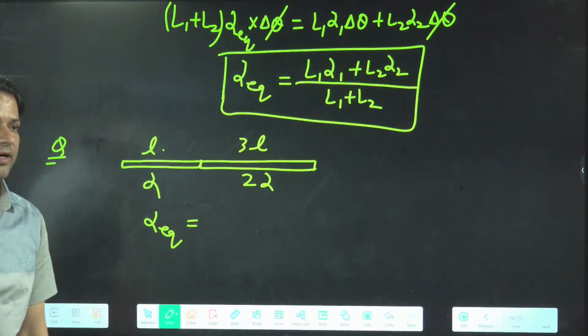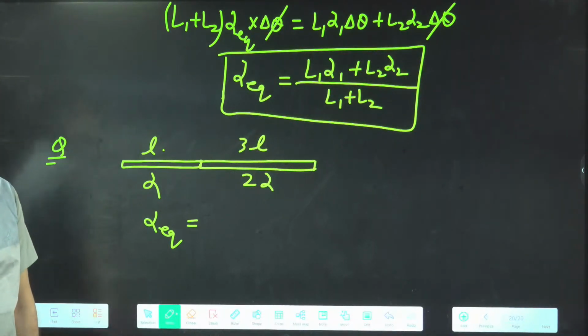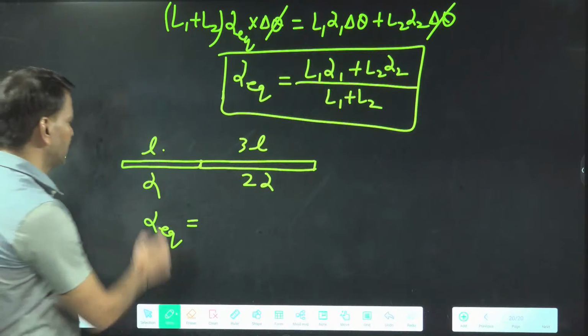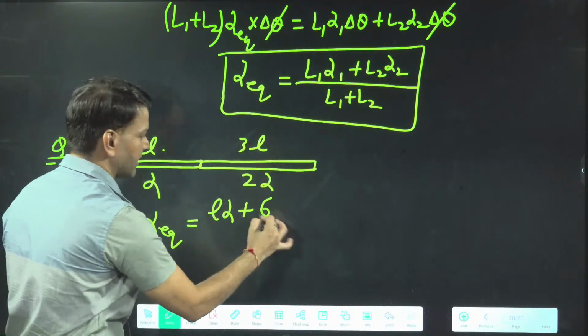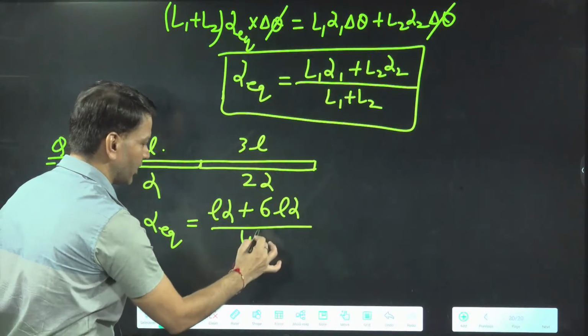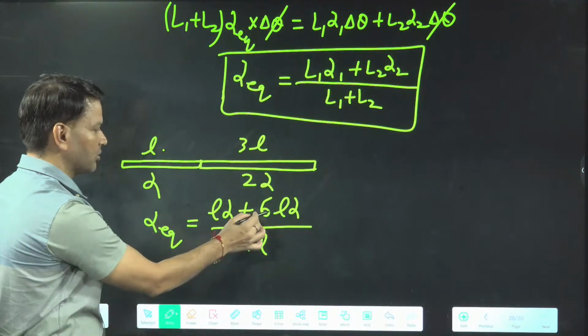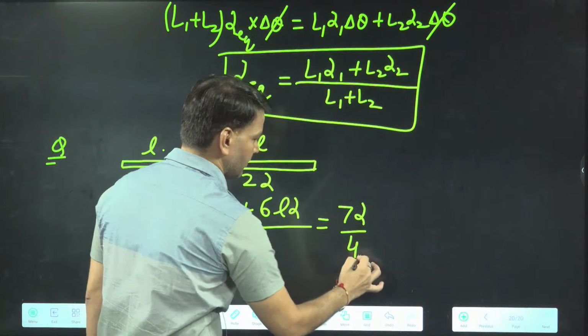So L1 alpha 1 means L alpha, plus L2 alpha 2 means 6L alpha, upon L1 plus L2 means L plus 3L, that is 4L. Now the L cancels out, 6 alpha plus alpha, 7 alpha, so 7 alpha by 4.